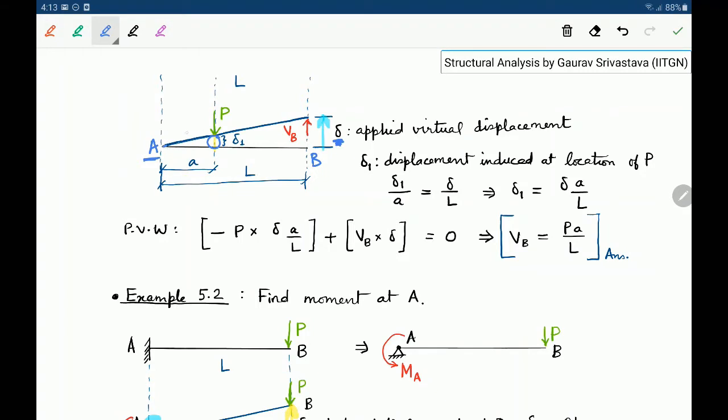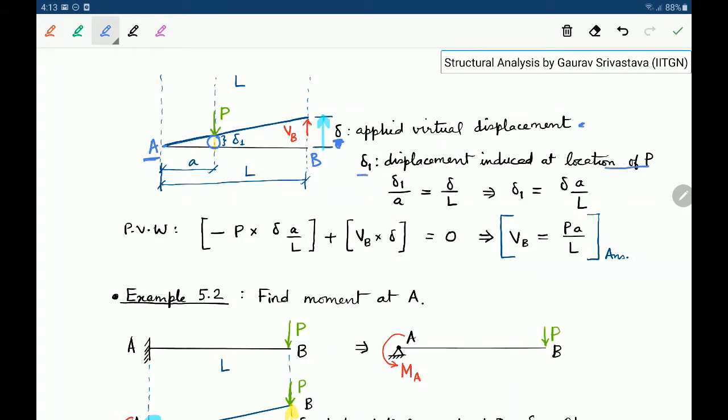It can rotate, but it cannot translate because that is a hinged end. After application of the displacement delta, the deflected shape of the beam becomes like this. It remains a straight line because we are considering the body as rigid. It cannot bend.